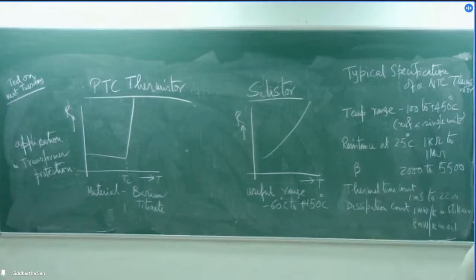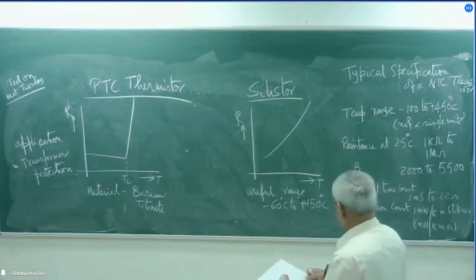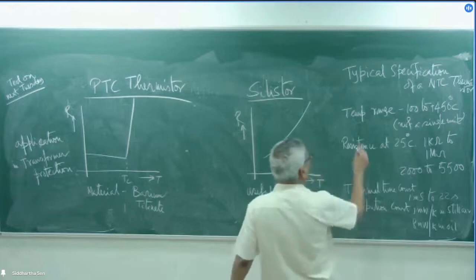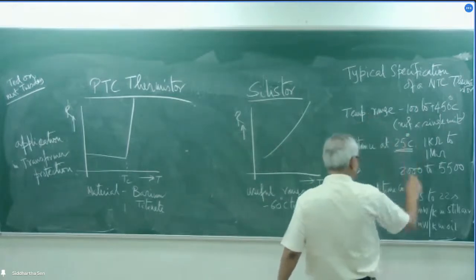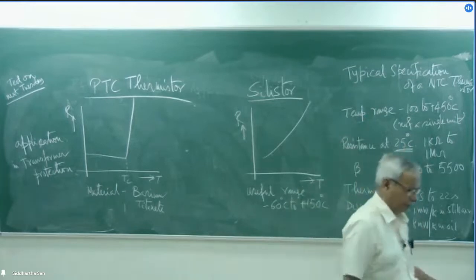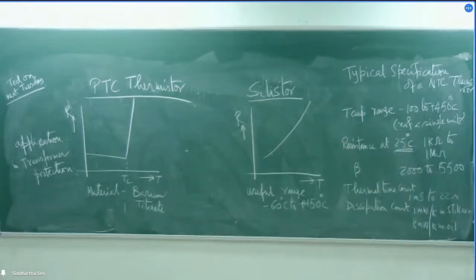And resistance values are always specified at 25 degrees Celsius. Obviously, there could be a lot of variance in these things also.